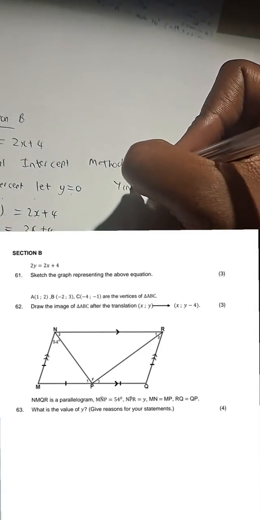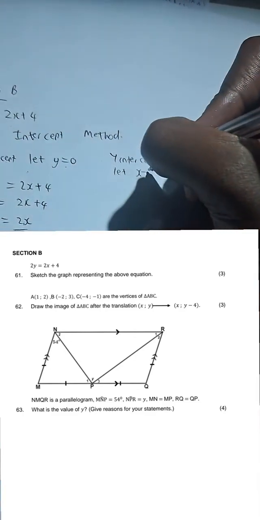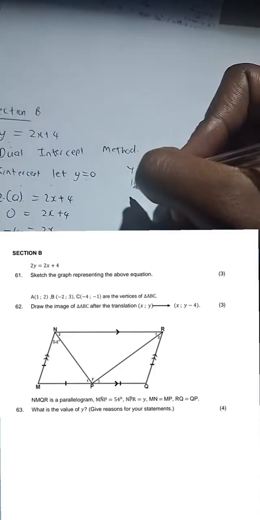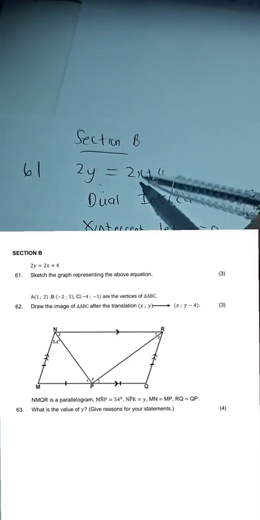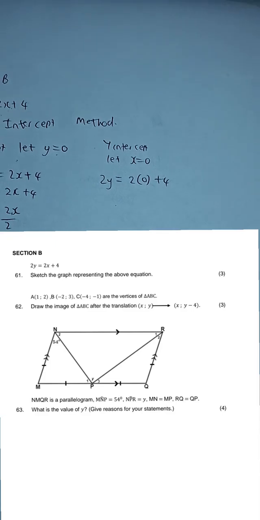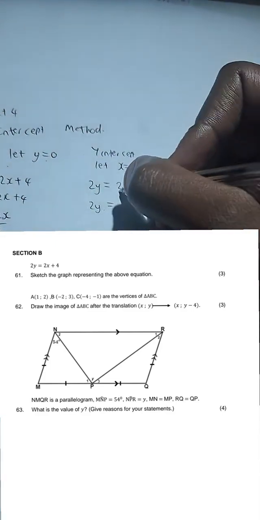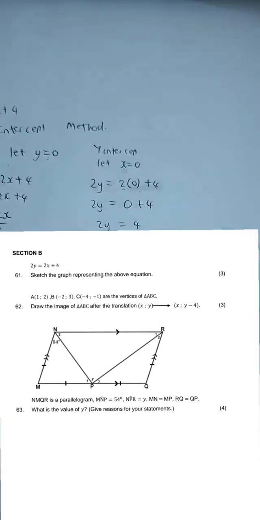Then let's find the y-intercept. How do we find the y-intercept? We let x be equal to 0. So there's the equation. 2y is equal to, in the place of x, we are going to substitute what? 0. 2 brackets 0 plus 4. Then we write 2y is equal to, what's 2 times 0? It's 0. Then 2y is equal to 4.